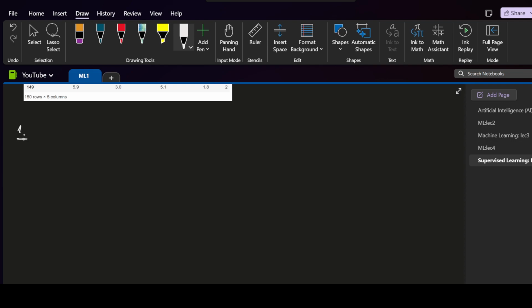First one is, what is supervised learning?